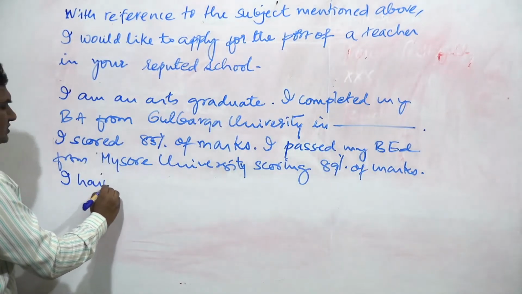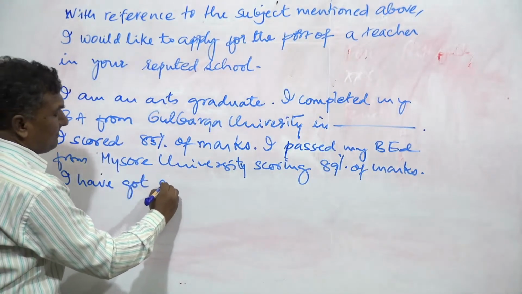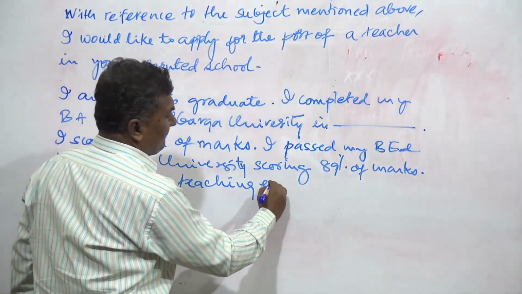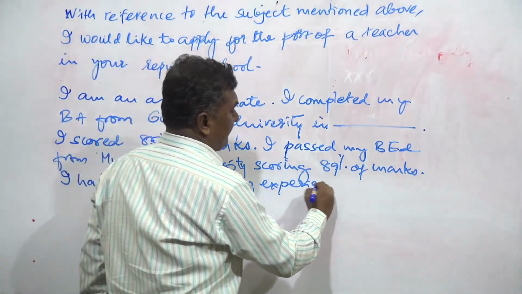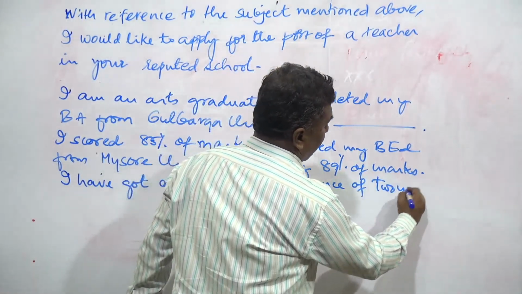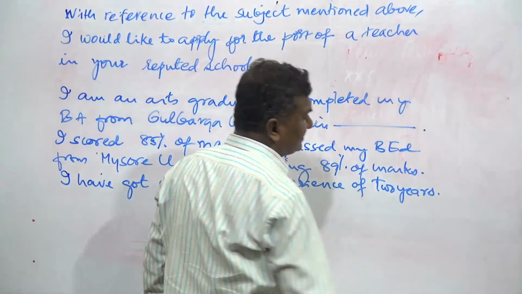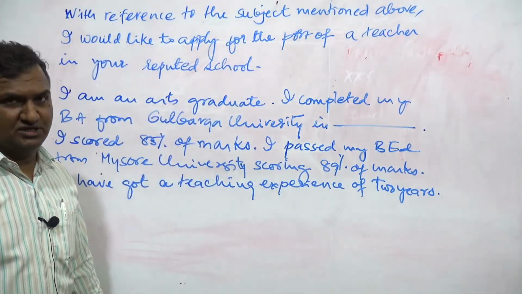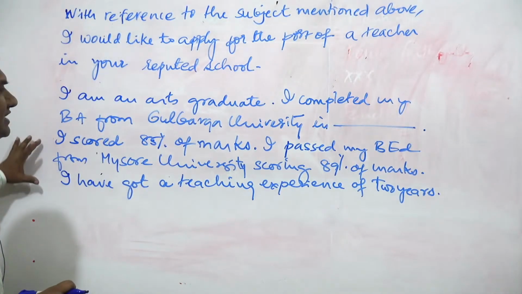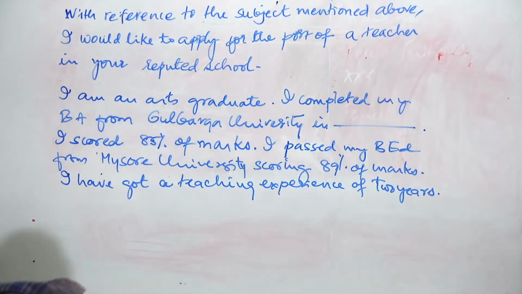I have got a teaching experience of 2 years, or I have got a 2-year teaching experience, you can mention like that. Now this is the second paragraph where you are mentioning your qualification.